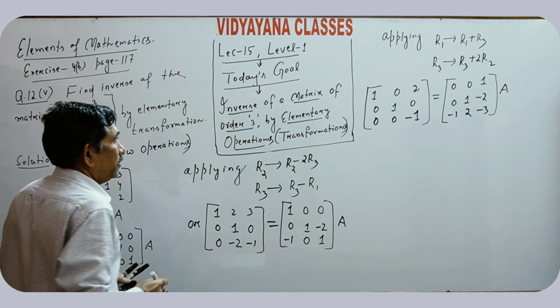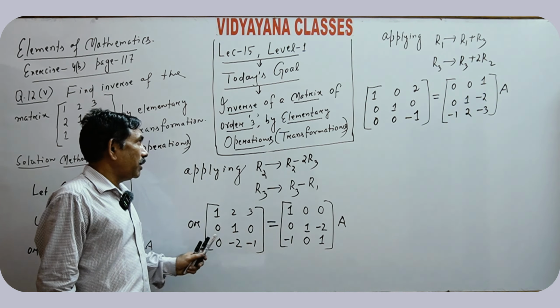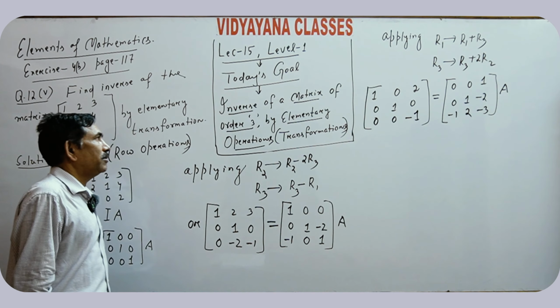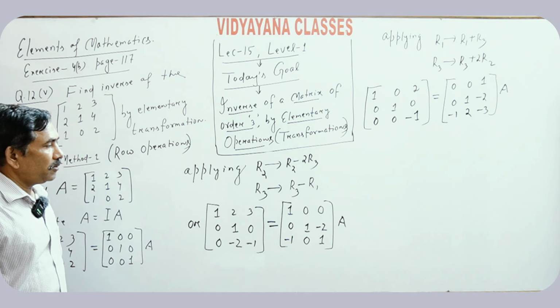Clear? The first column is 0, 0, 1. The second column is 0, 1, 0. Now we will change the elements of column 3.